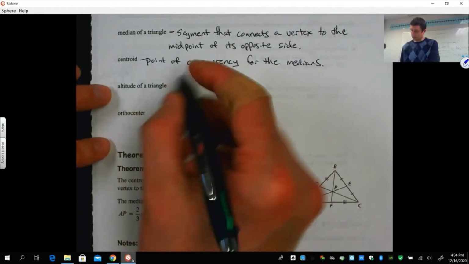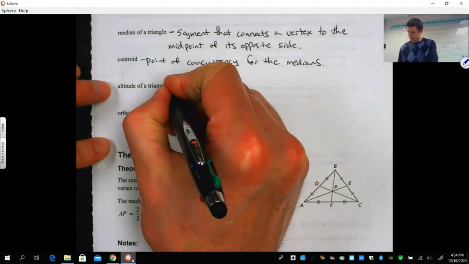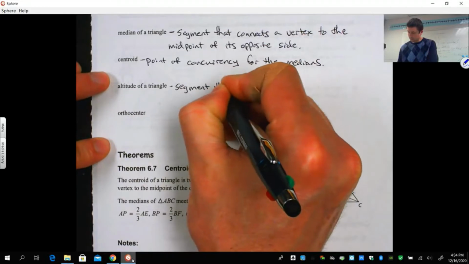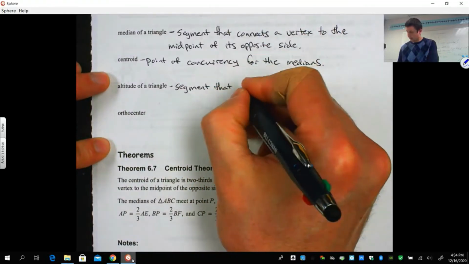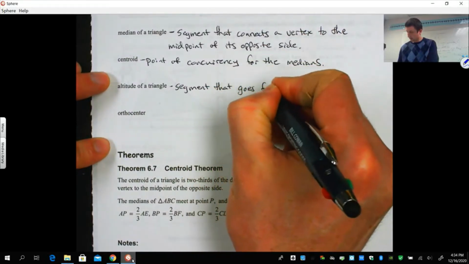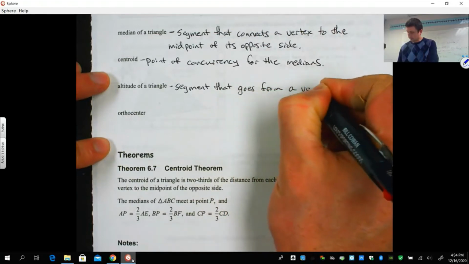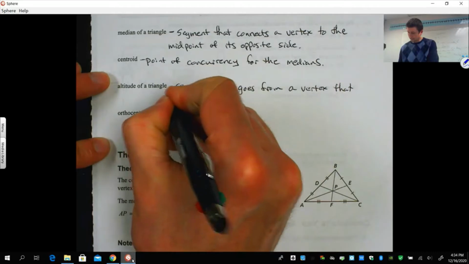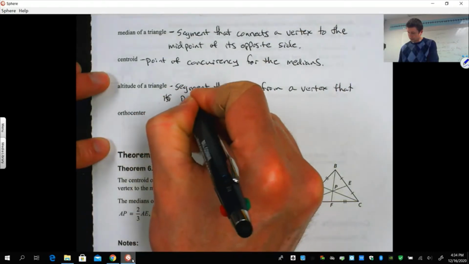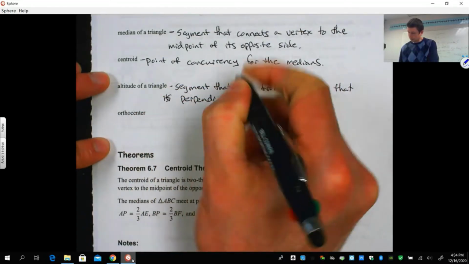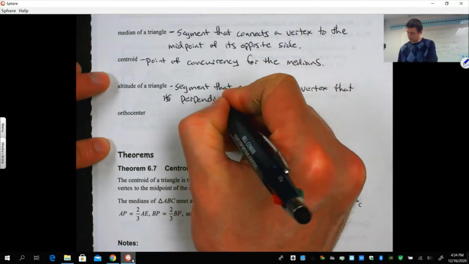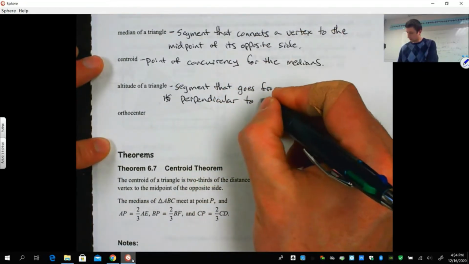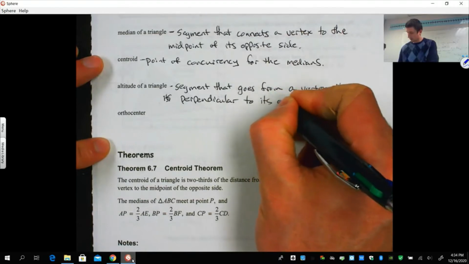The altitude of a triangle is a segment that goes from a vertex that is perpendicular to its opposite side.